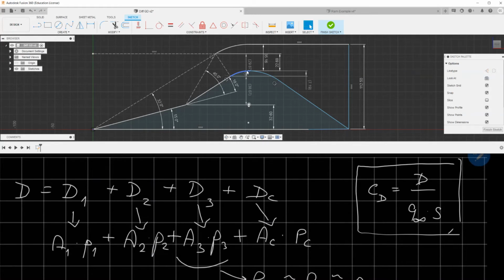This projection already takes into account this inclination or change of this inclination, and we assume that pressure is constant in each point on subsonic section, right? So we assume that from this point here until this upper point here, we have the same value of pressure. When the pressure is constant, it's outside of the integral, and inside the integral only remains the calculation by the area. So it's basically the area.